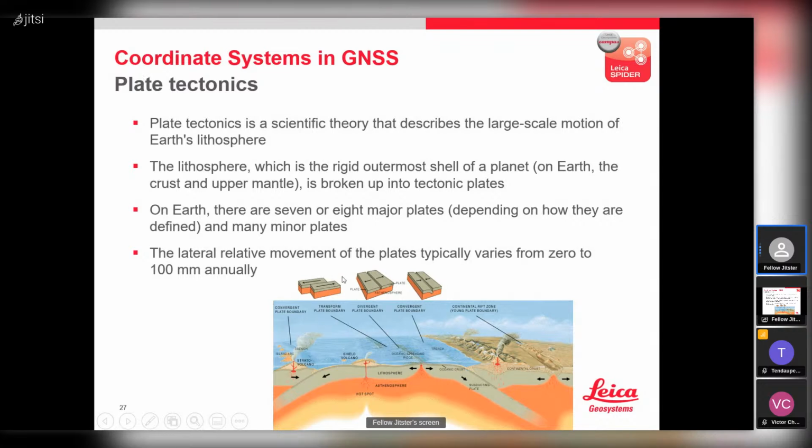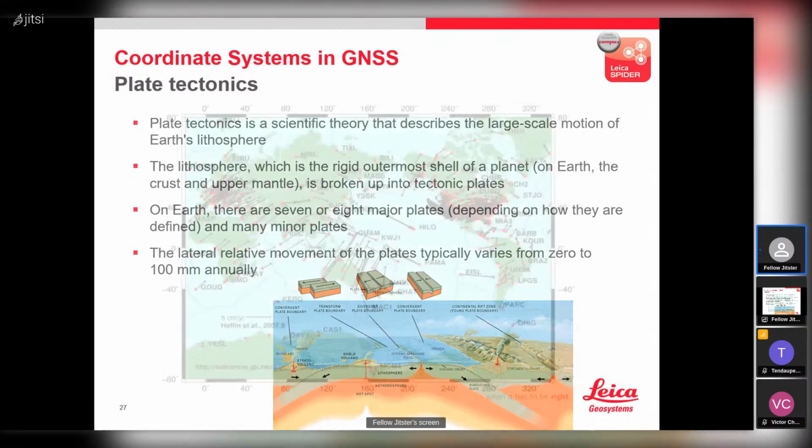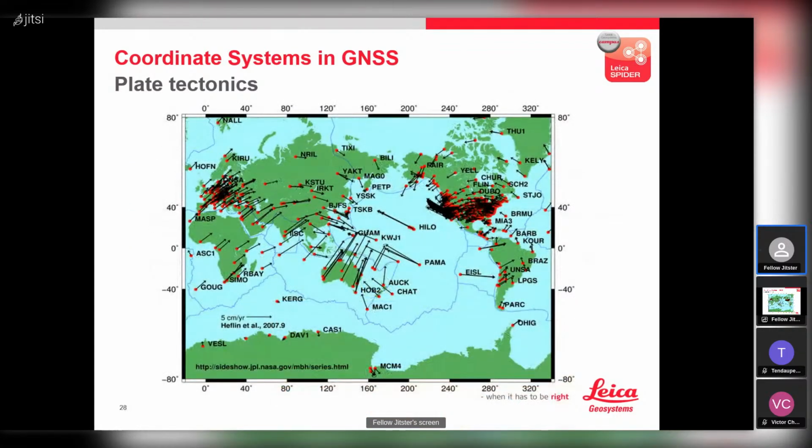So you have areas of interaction of the tectonic plates, where you have earthquakes and volcano activities. What is important for us is that the control points which are located on these tectonic plates move constantly.